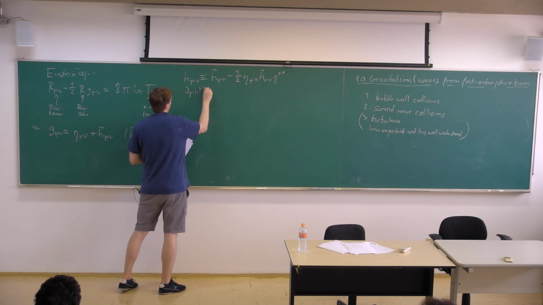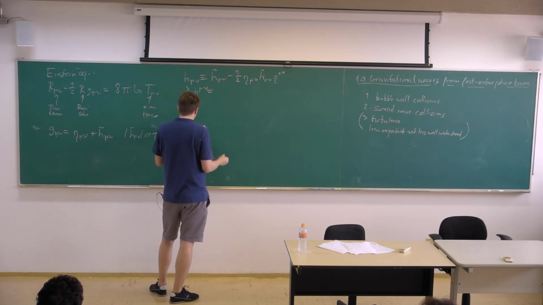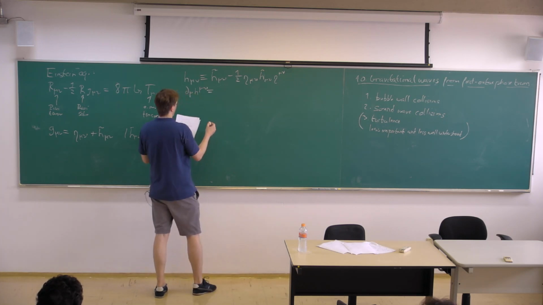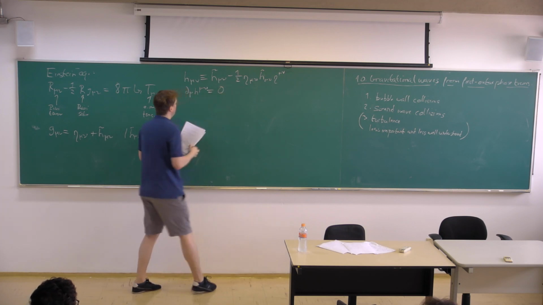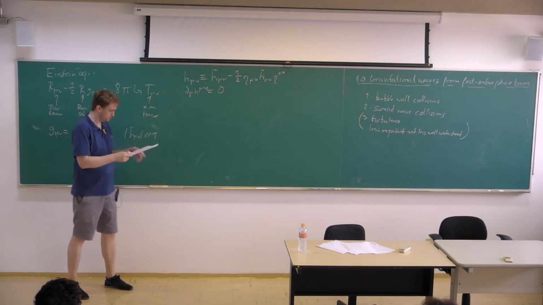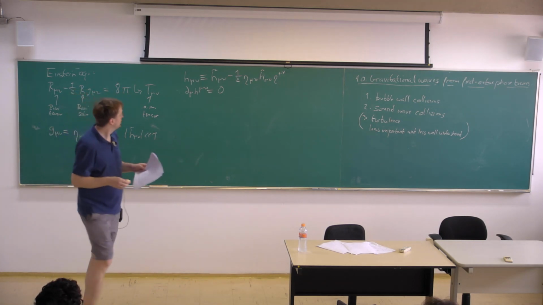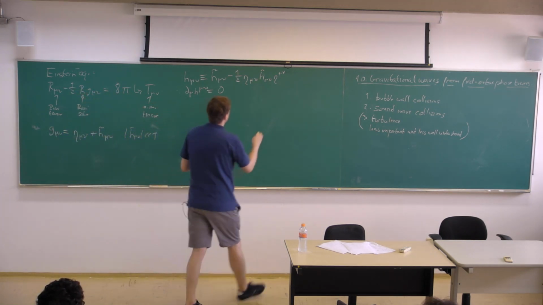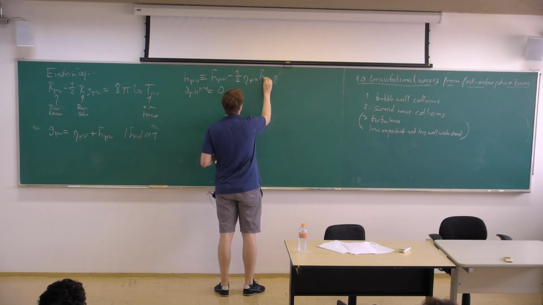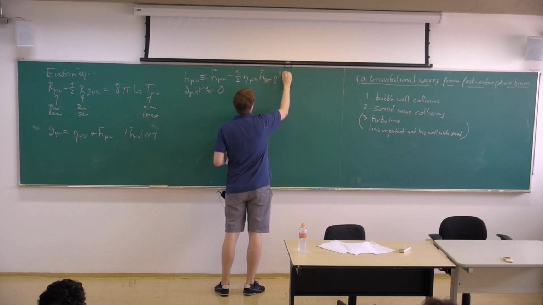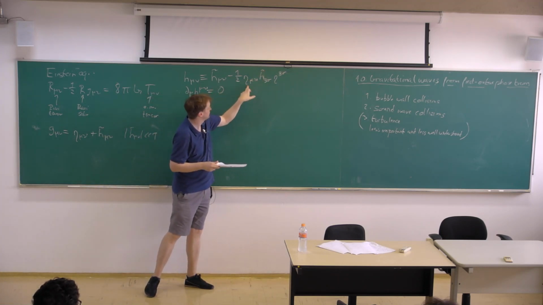Like for the gauge bosons, gravity has some gauge degrees of freedom, and you can in particular impose this condition. Sorry, this is of course not good. So this is the trace of this object, with indices rho sigma.